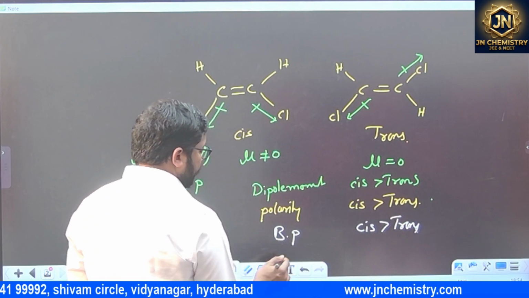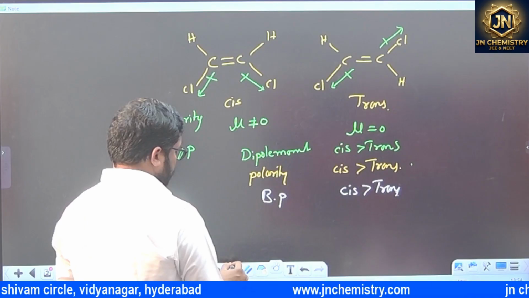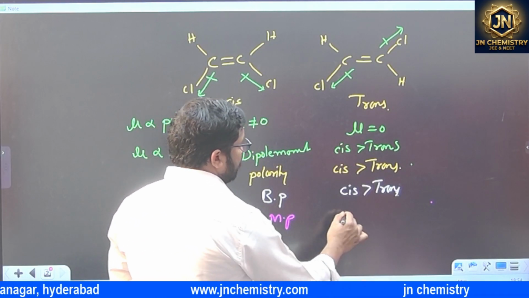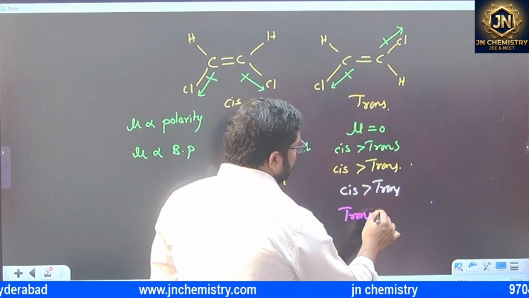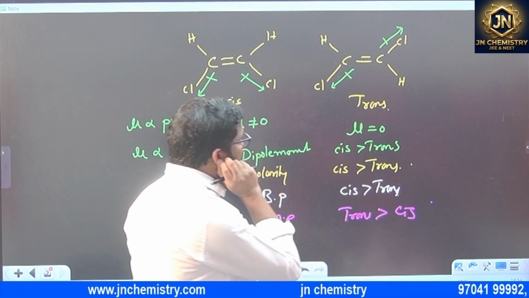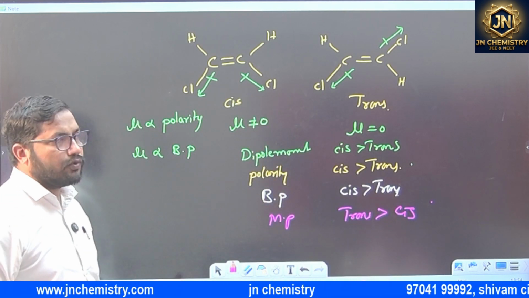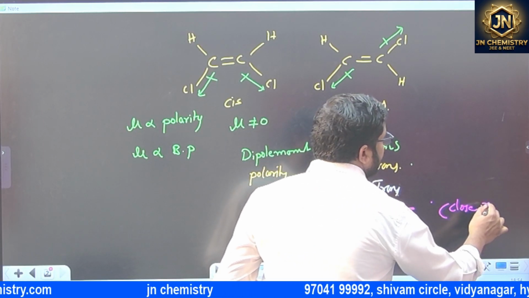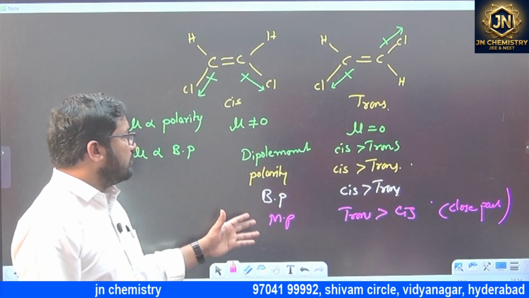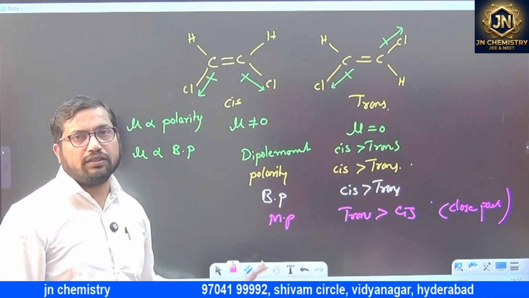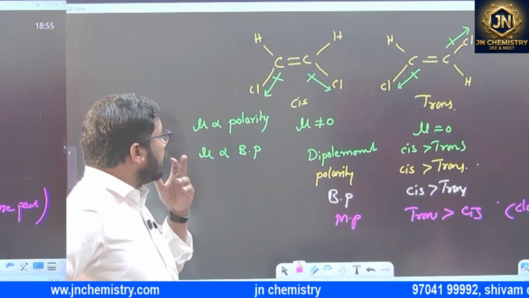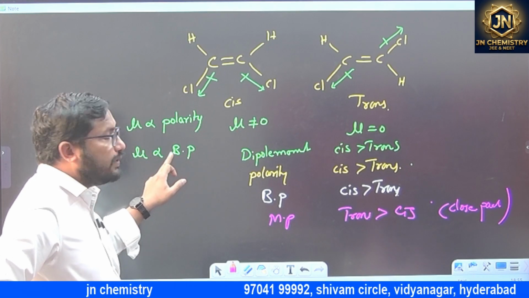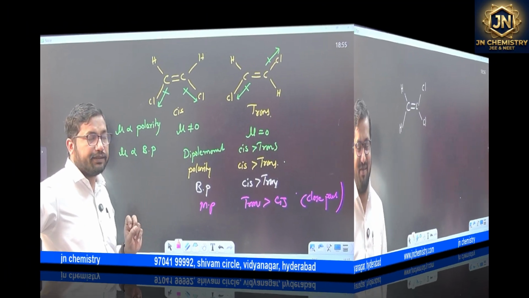Only the melting point is trans greater than cis, because in the opposite direction, a close-packed structure is possible. So write it down: dipole moment, polarity, boiling point and melting point. No need to learn by heart. Dipole moment is directly proportional to polarity, and dipole moment is directly proportional to boiling point.